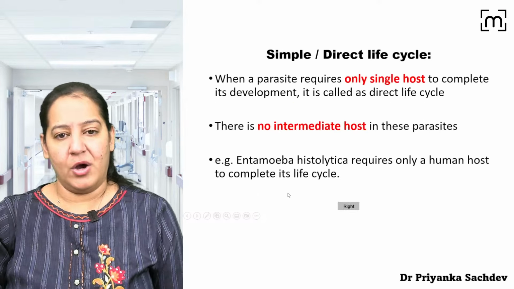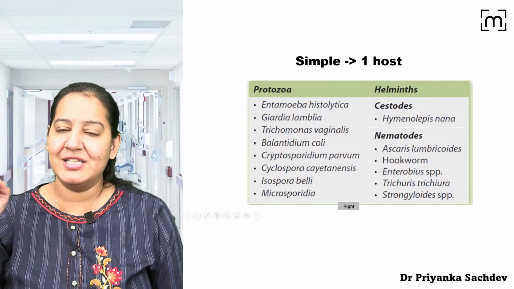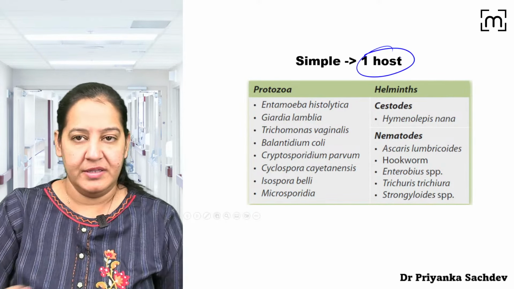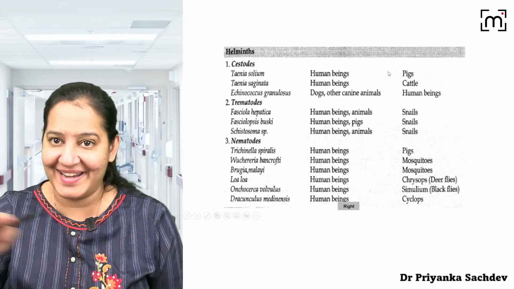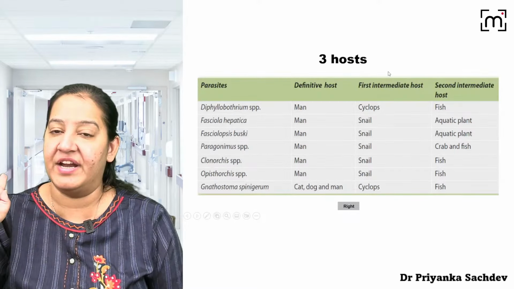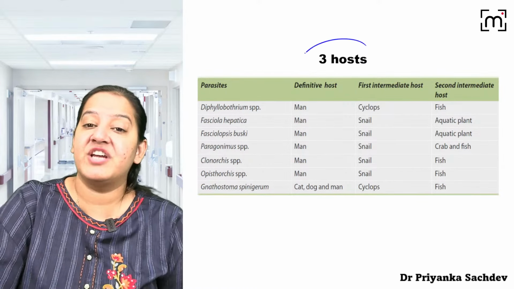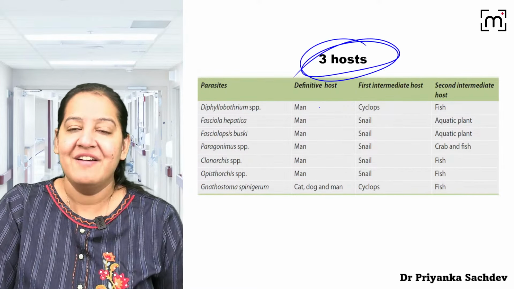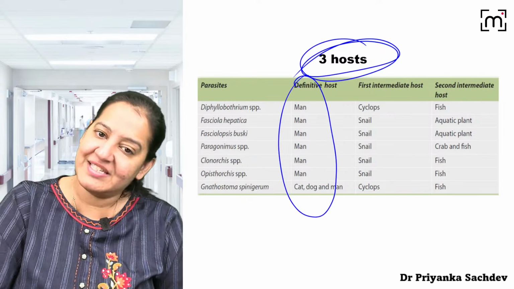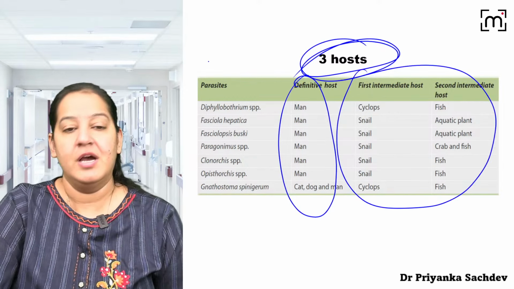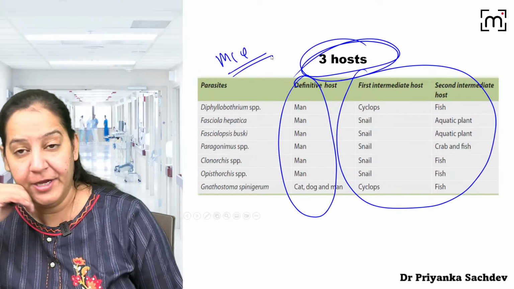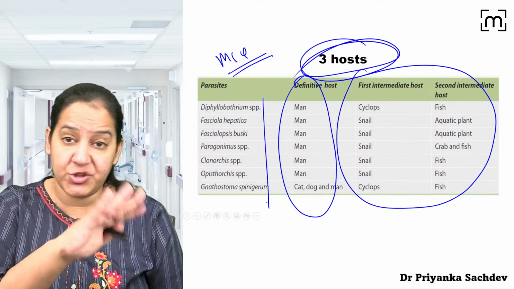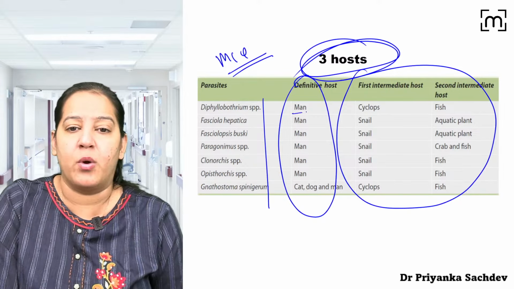Okay, now I have told you there are some parasites which have only one host. They do not have an intermediate host. There are some parasites which have two hosts in their entire life cycle, one intermediate and one definitive. But there are some parasites which have three hosts, right? Whenever there are three hosts, only one is definitive, the remaining two are intermediate. Your maximum MCQs or PYQs are from this table. You have to learn the parasites having three hosts. And in the three hosts, what is the definitive host?